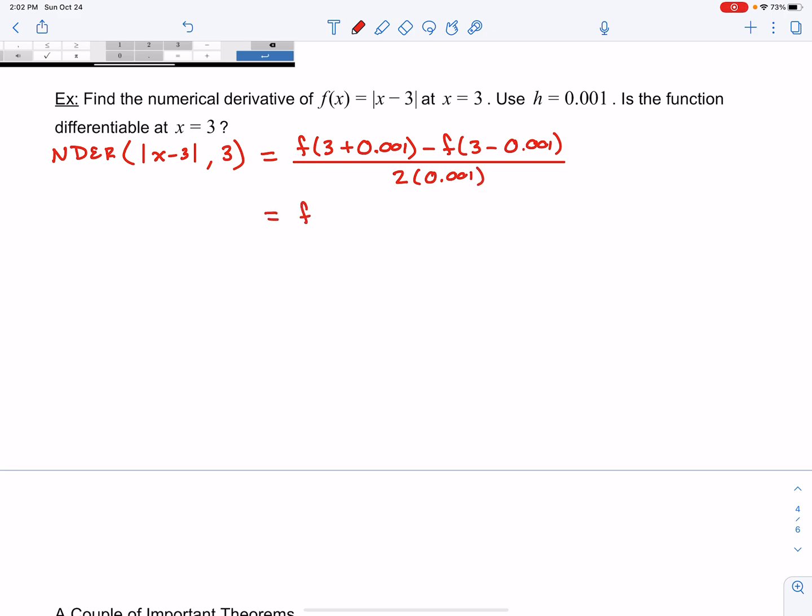Which means we want the value of our function at 3.001 minus the value of our function at 2.999, all divided by 0.002.